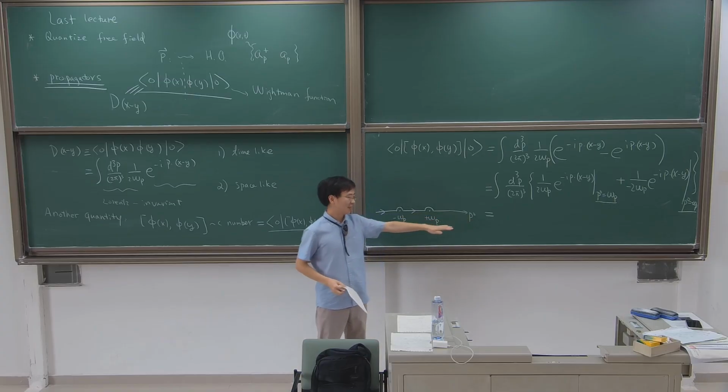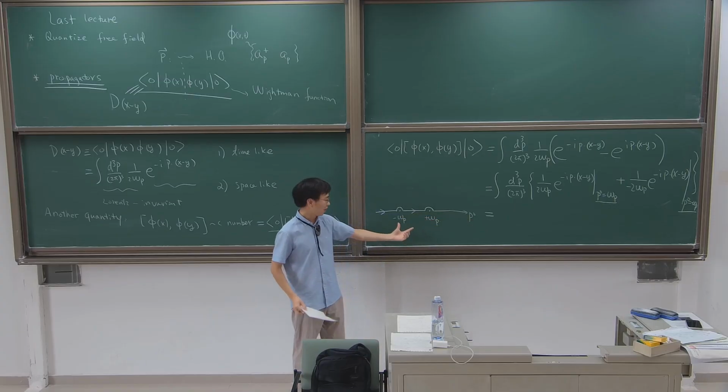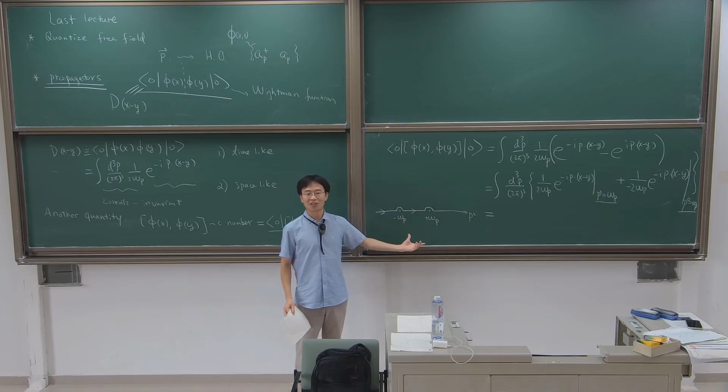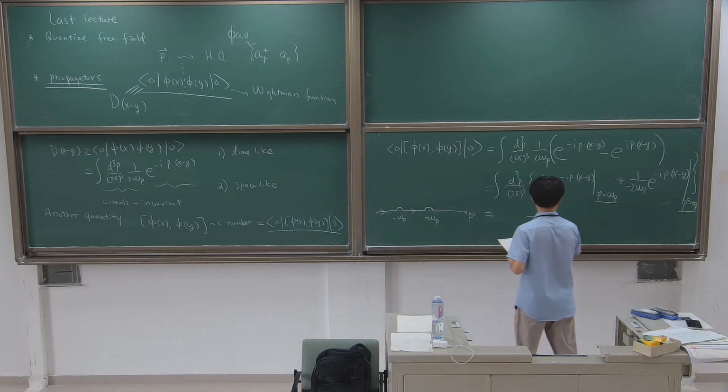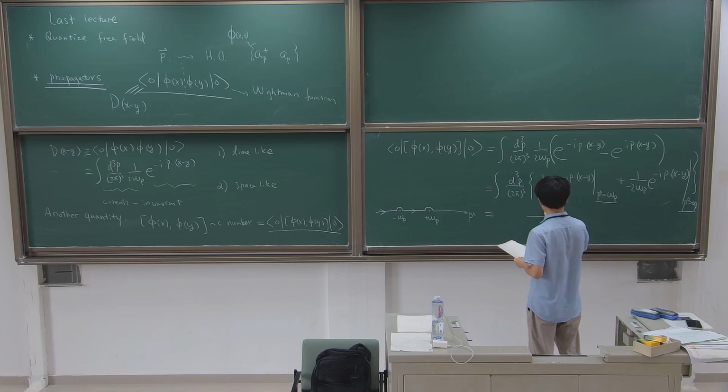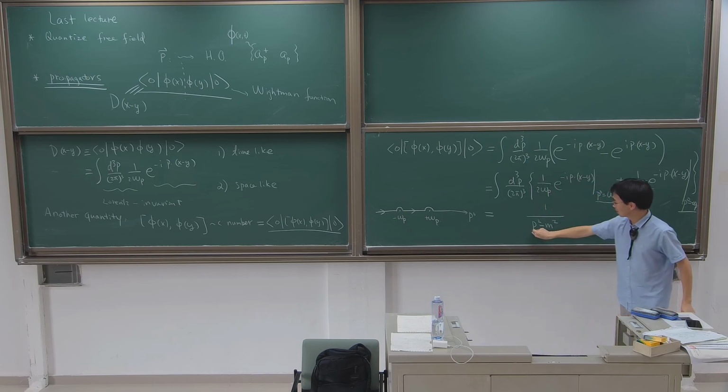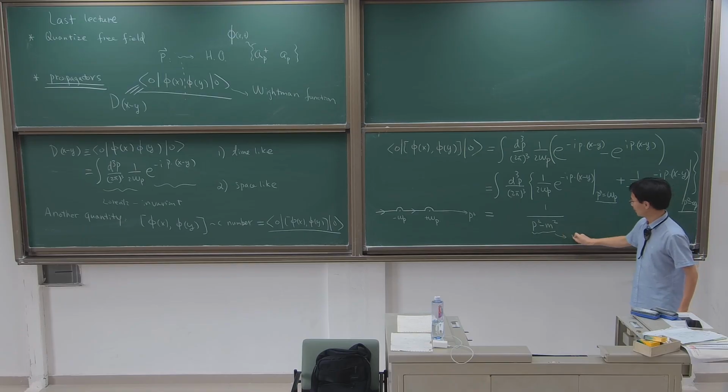Okay. Now, in order to have such kind of pole structure, the simplest integrand you might want to write down is nothing but p squared minus m squared, right? The p squared minus m squared is P0 squared minus the three-dimensional p squared minus m squared.